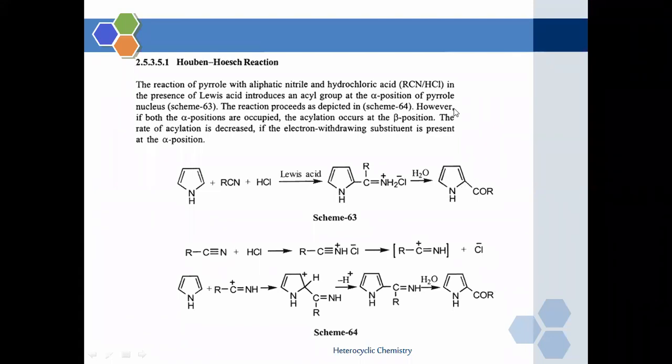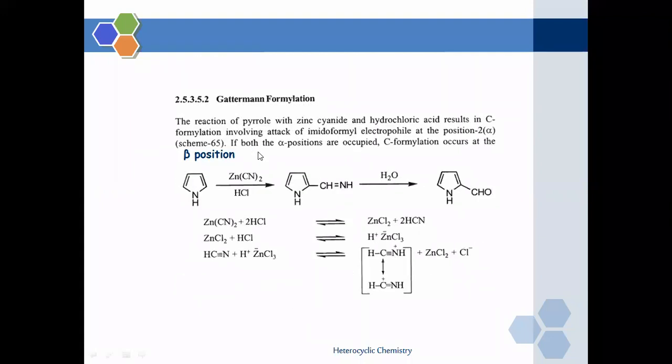Now a next and very important reaction is the Gattermann formylation reaction. Now, what is the meaning of this reaction? The reaction of pyrrole with zinc cyanide and hydrochloric acid. When the pyrrole molecule reacts with zinc cyanide and hydrochloric acid, the C-formylation reaction involves attack of imidoformyl electrophile at the carbon number 2 position.